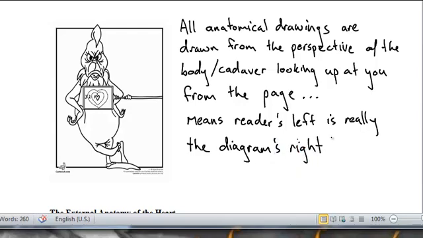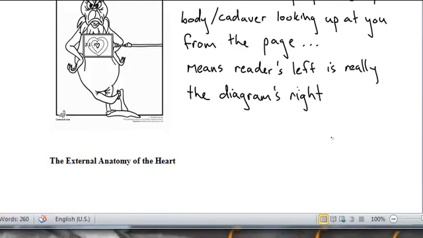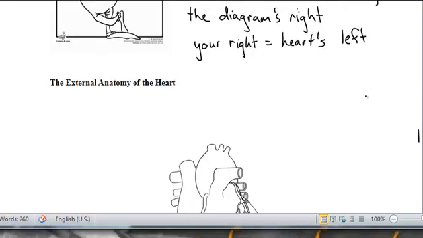So right and left are switched when you're looking at diagrams of the heart. So what appears to be on your right hand side represents the left of the heart. Equals heart's left. And that shouldn't be too hard to remember because I wouldn't have made a big deal about it if it was normal, so obviously it has to be reversed.